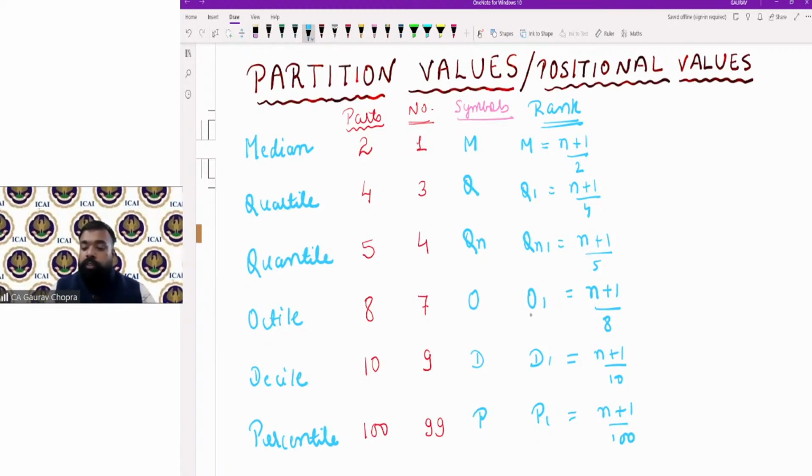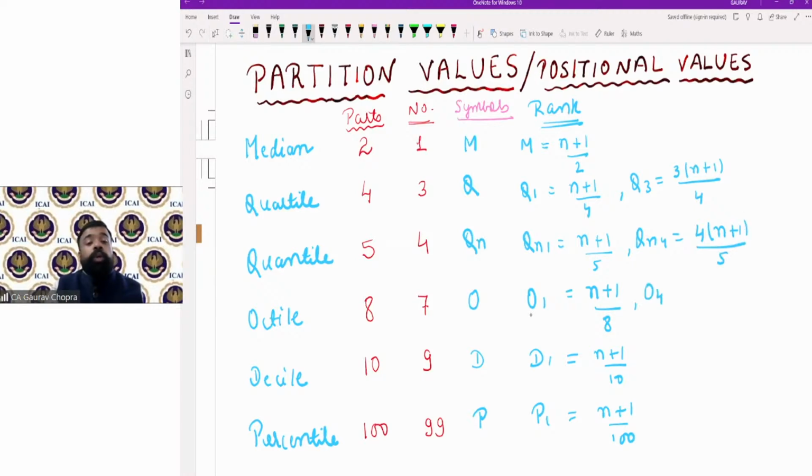Further, if we want to calculate the third quartile, what we have to do is multiply by 3, so 3(n+1)/4. If we want to find the fourth quantile, multiply by 4, so 4(n+1)/5.